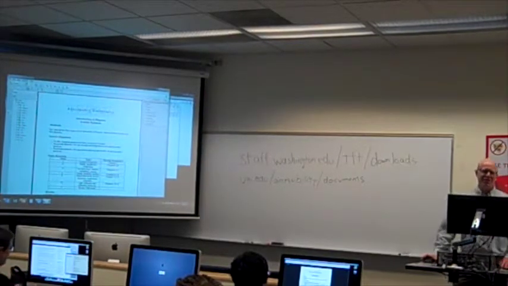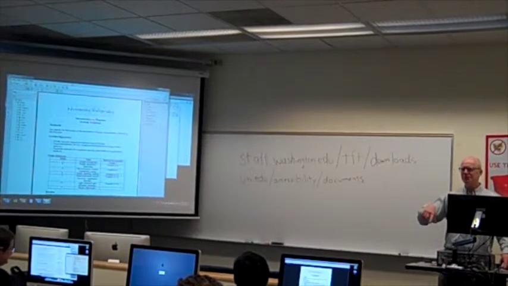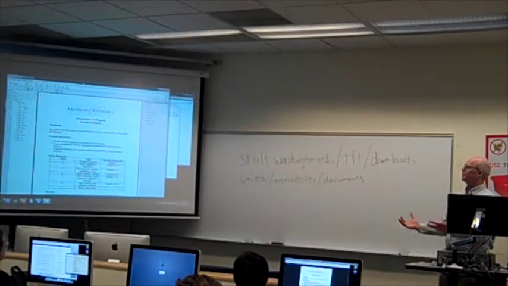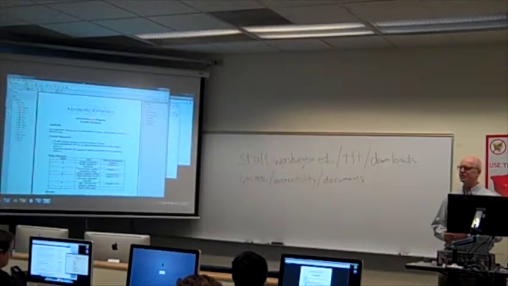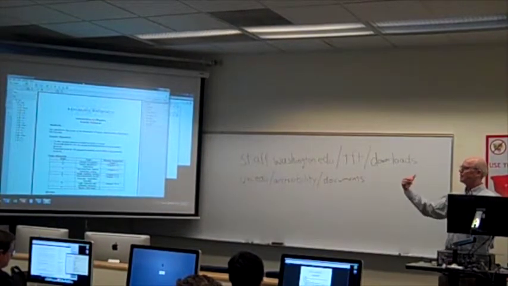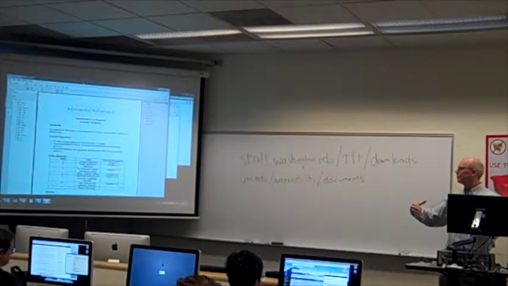So this is part 2 of a 2-part series, and what we talked about in the first part was the idea of what an accessible document is and how you produce an accessible document in Microsoft Word. That involved identifying headings within the document, top-level headings, secondary headings, and so forth.